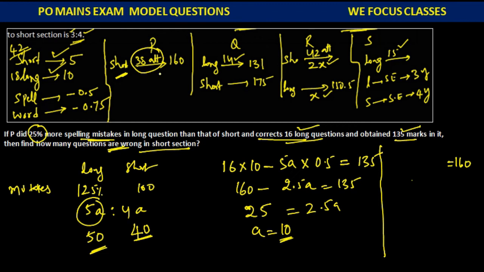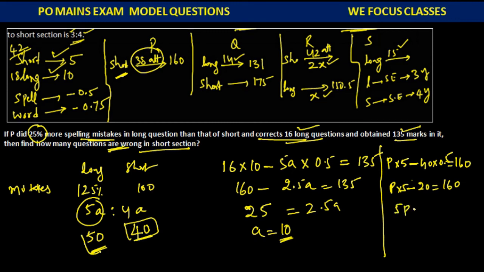So you know only 38 attempts, but you don't know the total number of correct answers. Let us say P is the number of correct answers in the short section. Each question carries 5 marks, and you know the number of errors done by him in the short section, that is 40. For each wrong one it is 0.5. So this is P into 5 minus 40 into 0.5, which means 20, is equal to 160.